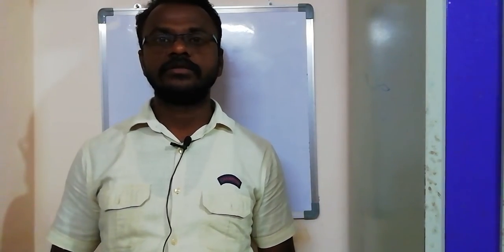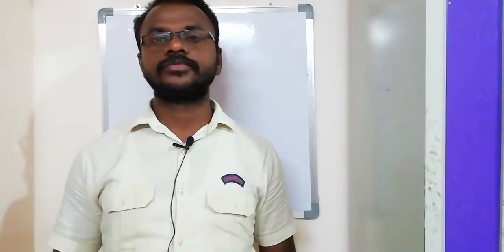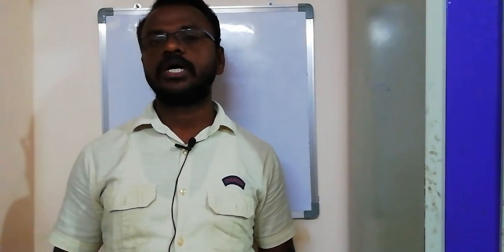In this session, we will discuss what is meant by data type and how many types of data types there are in C language. This is a very important concept in your programming career.